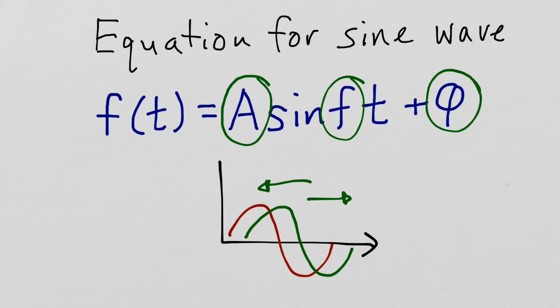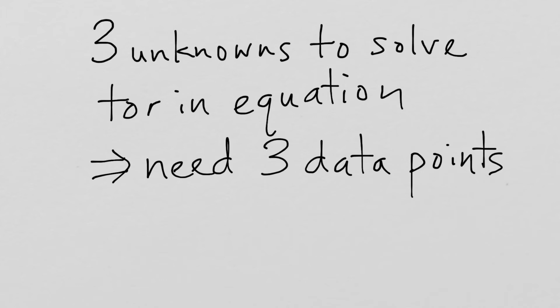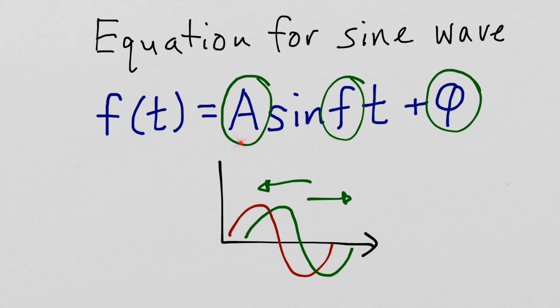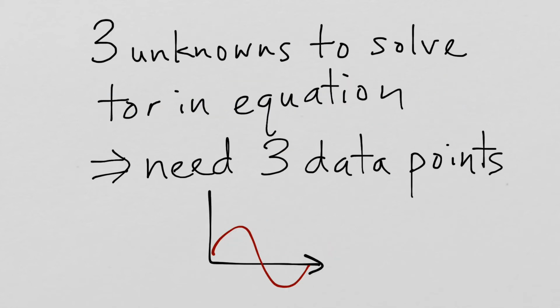What this also means, though, is that if I have an unknown sine wave, in order to figure out what the amplitude, the frequency, and the phase of this unknown sine wave are, I have 3 unknowns to solve for in that equation for a sine wave. So that means I need to have 3 data points from this unknown sine wave to figure out what the amplitude, frequency, and phase of that sine wave are to be able to define that sine wave.